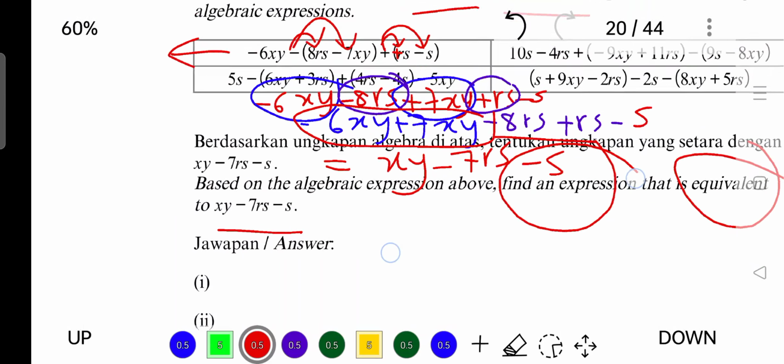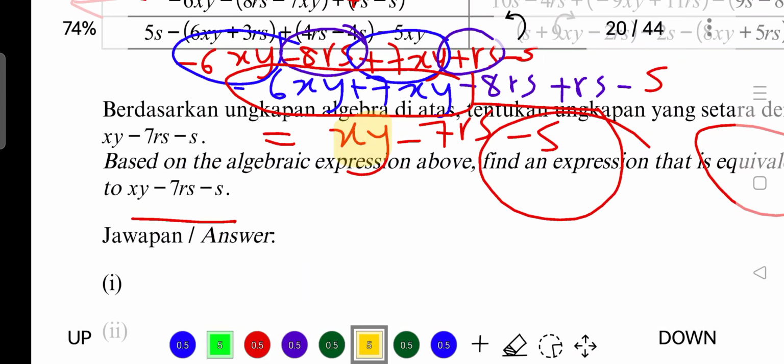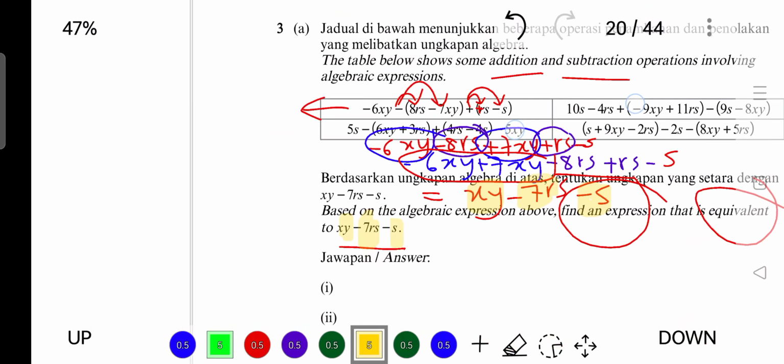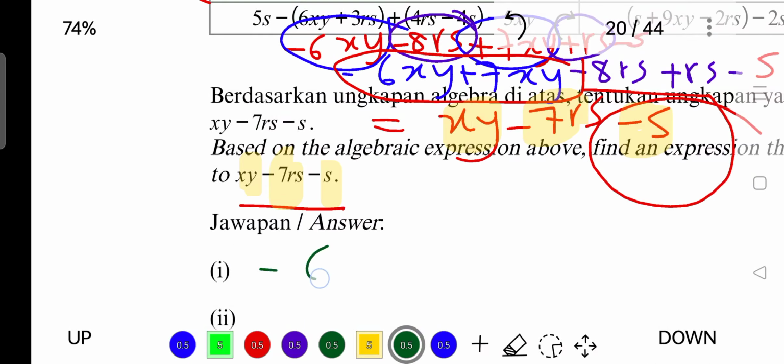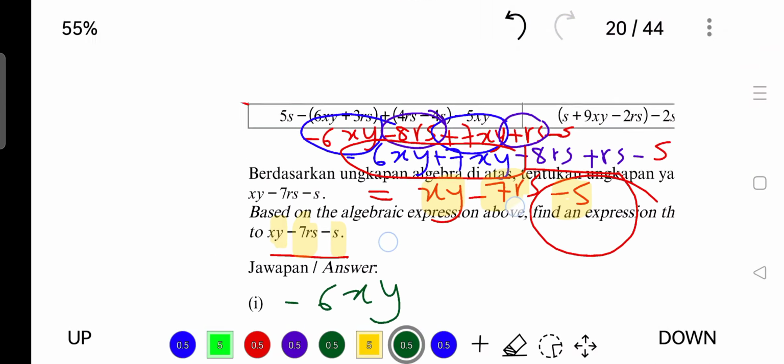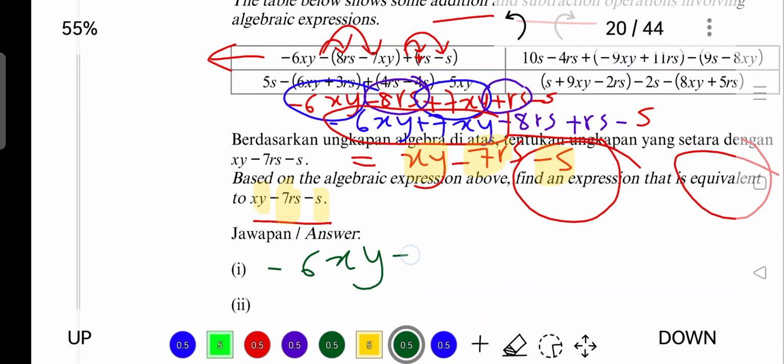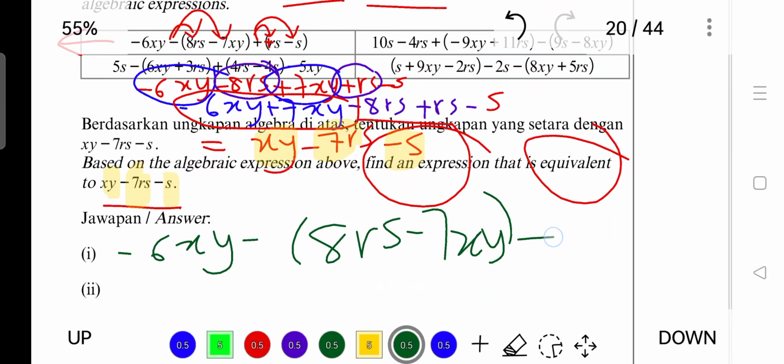Let's check if they are the same. We have this, and we have this. So this answer can be taken. Let's write that down as negative 6xy minus in bracket 8rs minus 7xy plus in bracket rs minus s.